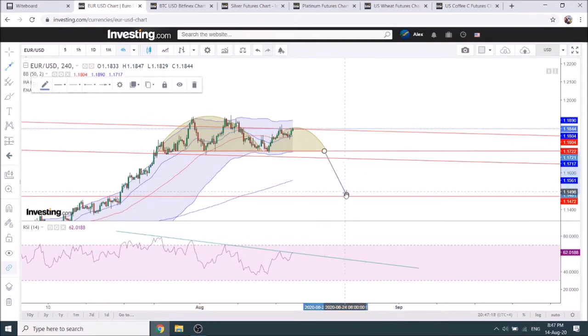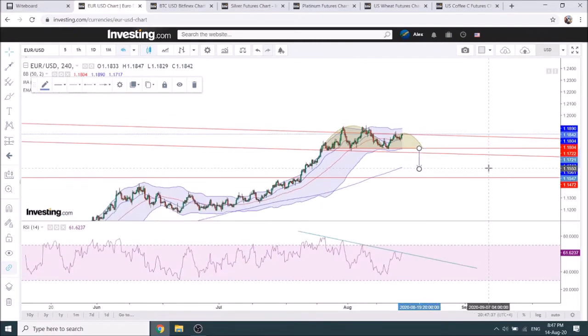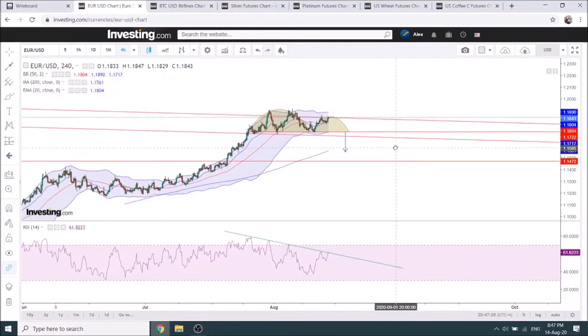So that figure is actually relatively shallow. So the first target, should it actually work and break lower, of course, would be looking at the first breakout within a week or so, and we'll be looking at the first target at 1.15.